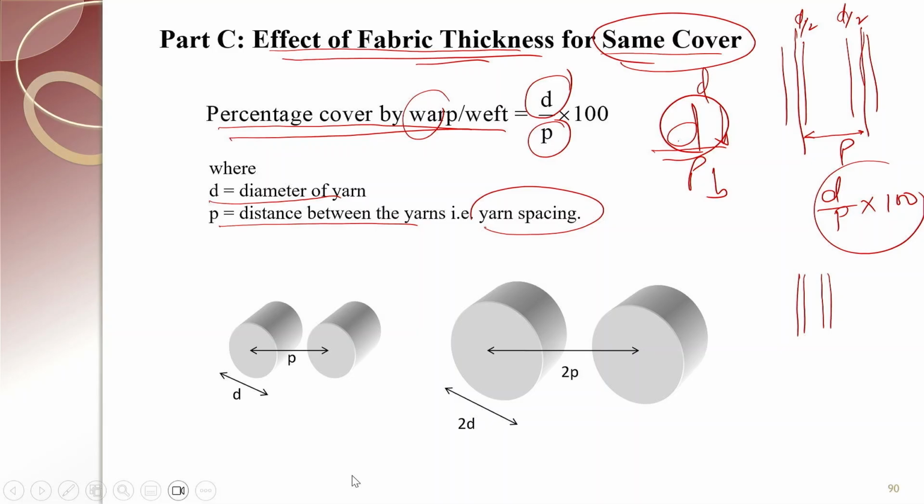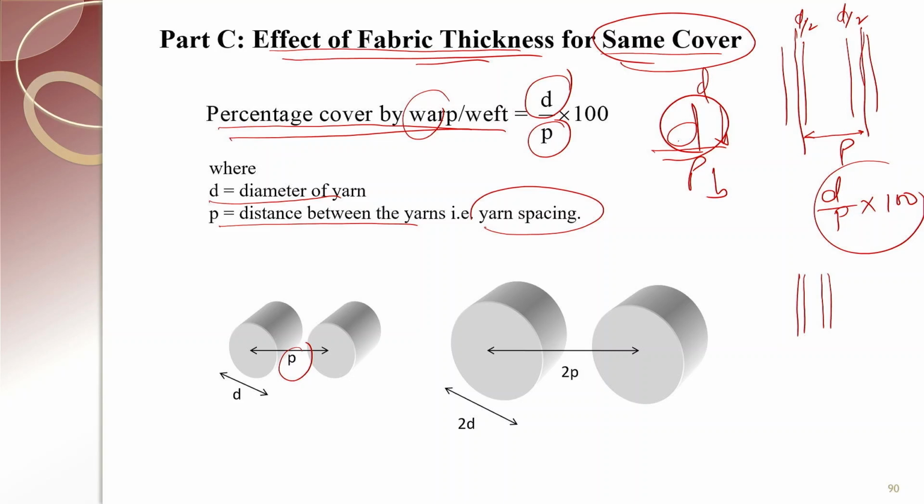Now, try to see here: yarn diameter d and distance between the yarns is P for finer yarn.